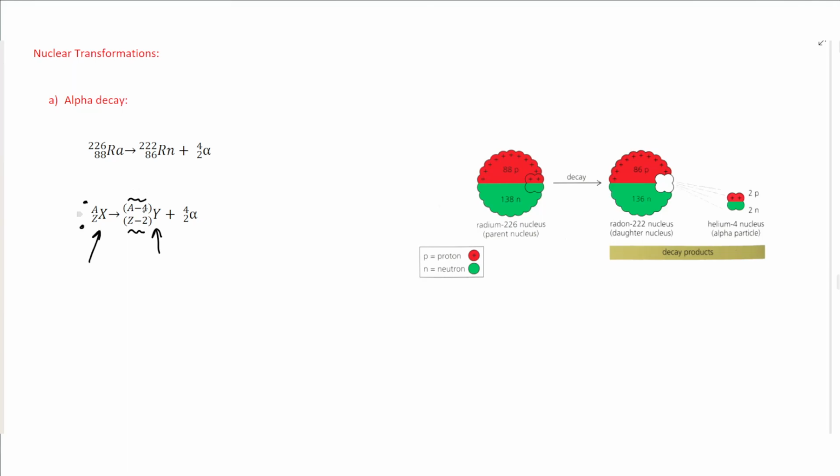So you lost 2 protons and 2 neutrons as an alpha particle. So the proton number decreases by 2 and the nucleon number decreases by 4, or the neutron number decreases by 2. And you have the alpha particle, which you should memorize always with a top number, nucleon number 4, and proton number 2.